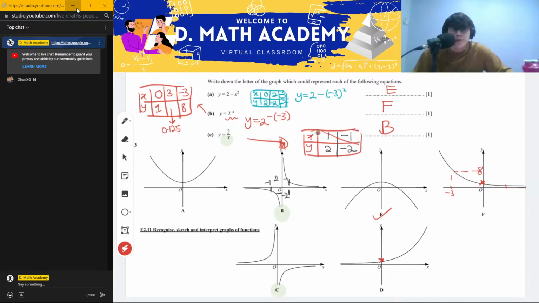So the same thing, you must draw out the table and then run some substitution to know how the graph would roughly look like. If you practice the recent 2 years papers, you will notice it. They do ask you to sketch an asymptote graph, reciprocal graph, all these days. It's very common now, so you guys must be prepared.